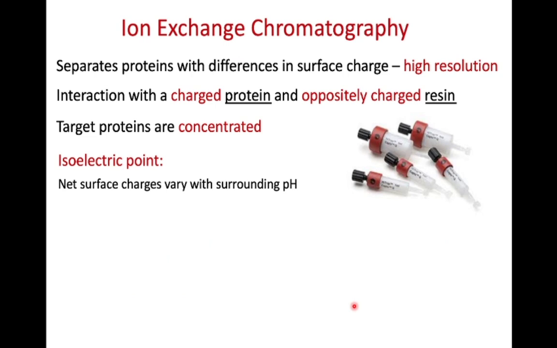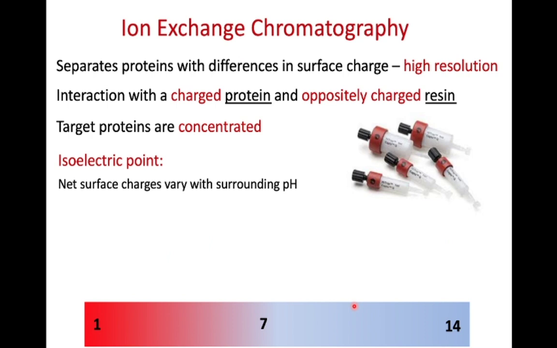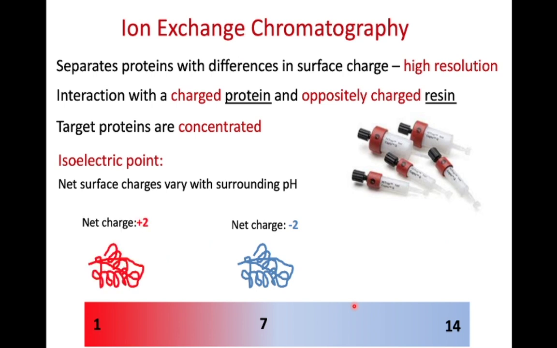Isoelectric point: the net surface charge varies with the surrounding pH. So remember the pH scale of 1 to 14. A protein at pH 7 has a net charge of -1, whilst at 1 it has a net charge of +1, whilst at 14 it has a net charge of -6.